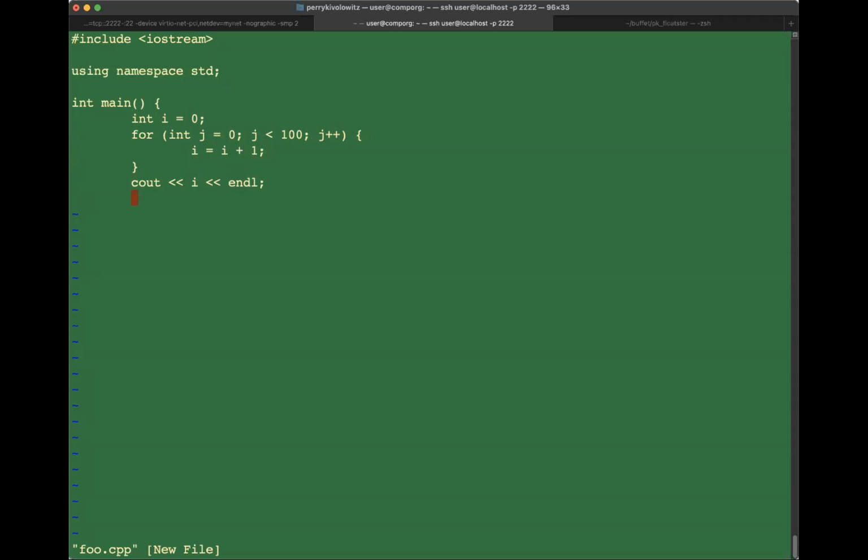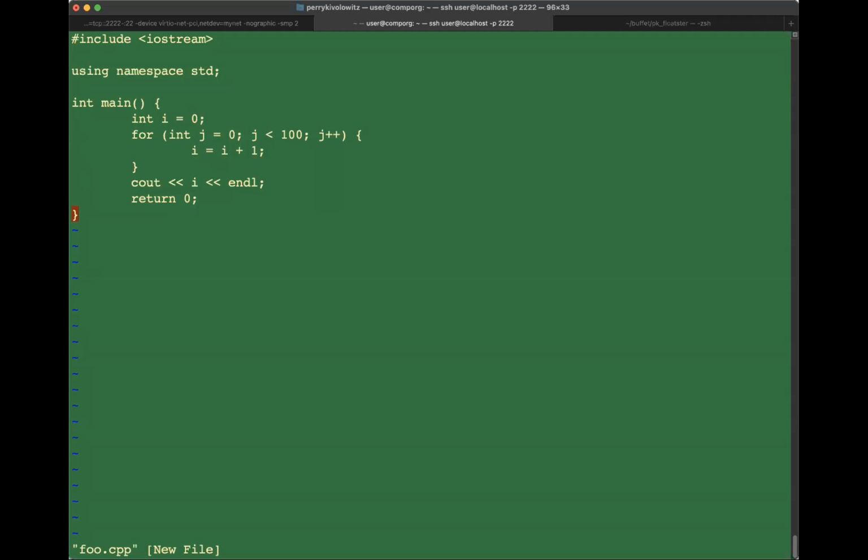Okay, what will this print? What do you expect? 99. That's what I expect also. I expect 99 lines from 1 to... Actually, never mind. It would print out 100. I lied.